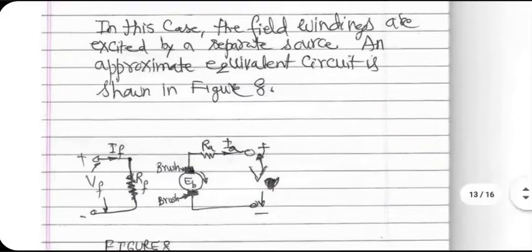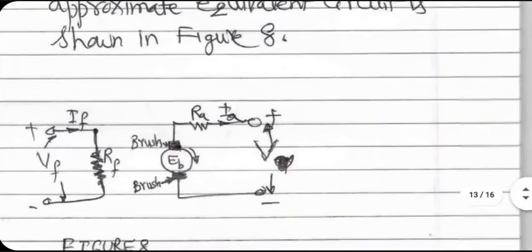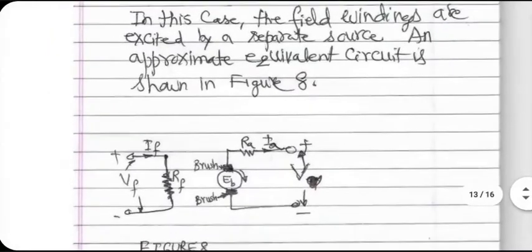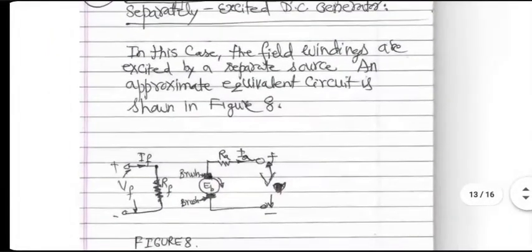More important is that on the armature side, the armature windings have their own resistance for sure. Inductance is also there, but you are talking about a DC signal, so the effect of inductance is not going to be important.